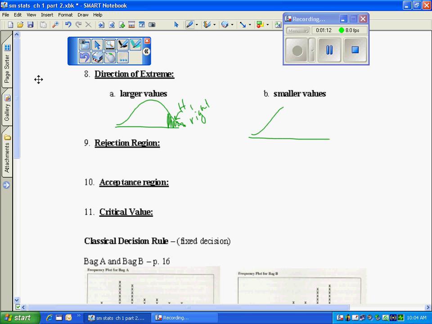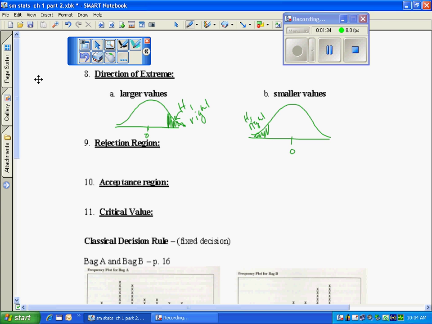Smaller values for the direction of the extreme would be on this side. So I'm just looking at this center and asking myself, where's that extreme value? If I get that, that's pretty extreme to be happening if my null is true. So therefore, I'm going to look if I land in this area or not.